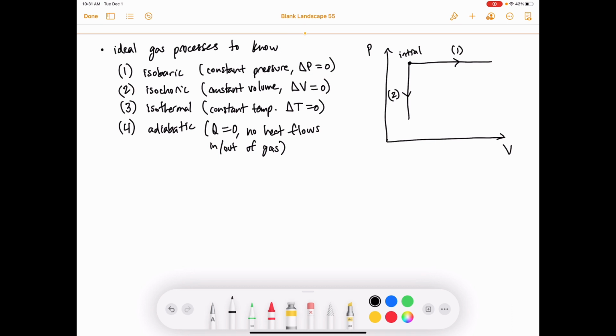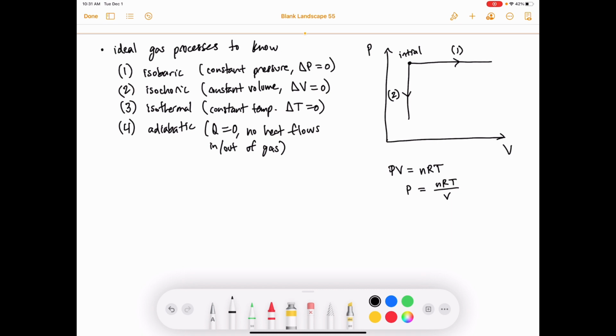Okay, for an isothermal process, the temperature is constant, but pressure and volume are not necessarily constant. Let's actually just go back to the ideal gas law, PV equals nRT. So that means P equals nRT divided by V. Now, if temperature is constant, that means pressure is just inversely proportional to volume.